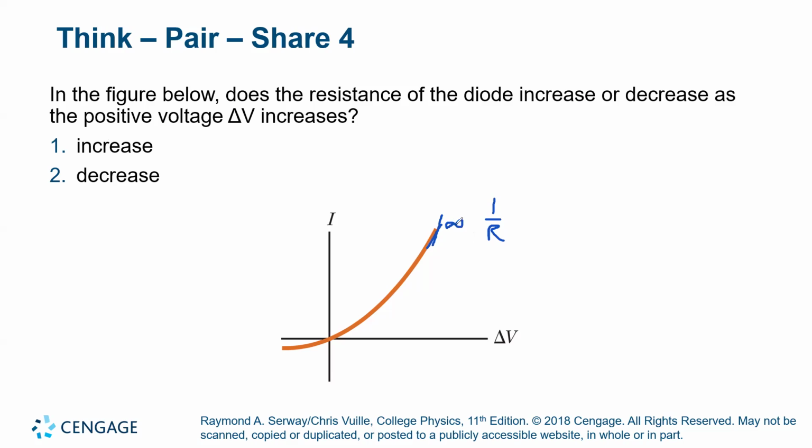My slope is becoming very large. So if 1 over R is my slope and that's becoming larger, what does that tell you about R? It has to be getting smaller.